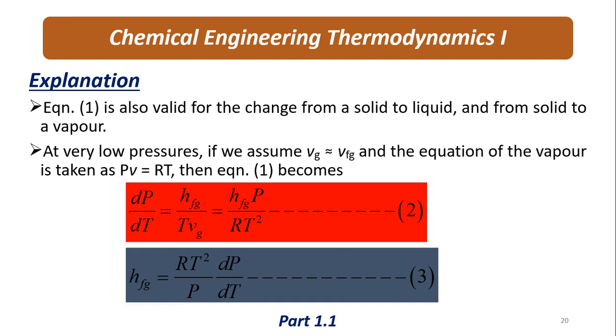If we assume the specific volume of the gas is approximately equal to the specific volume of the fluid, and the equation of the vapor is taken as PV equals RT, then equation 1 becomes, we can write it like this.